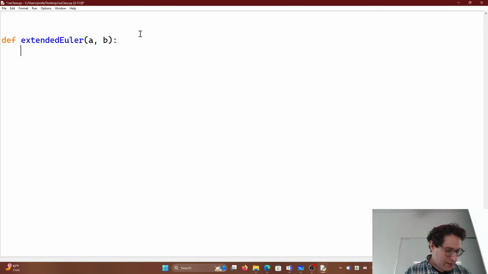We take an A and B. First off, we want A to be greater than B. If B is greater than A, then we need to do something about that, just simply because that's what we do when we're coding. So if b equals 0, we are supposed to return 1, 0, and a.